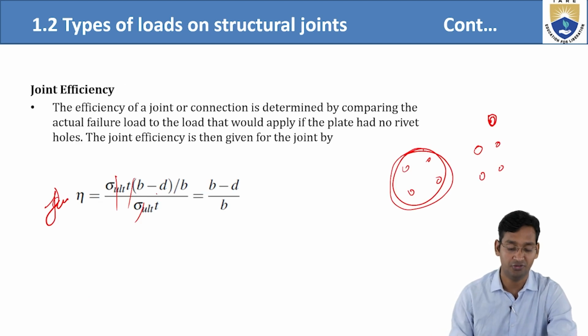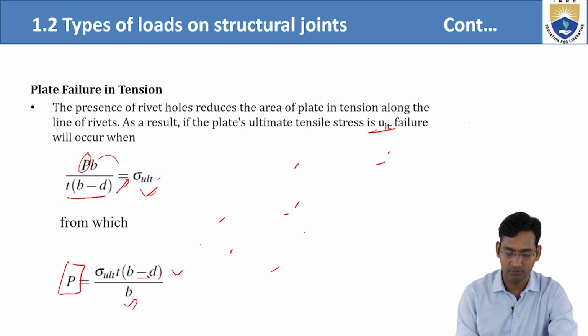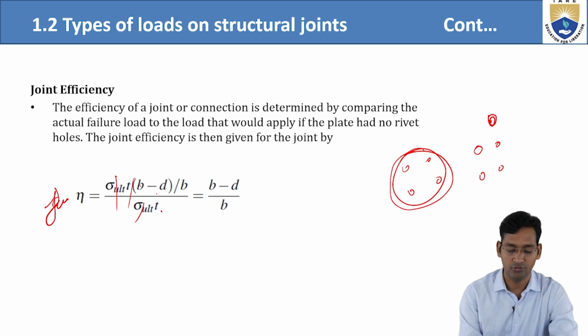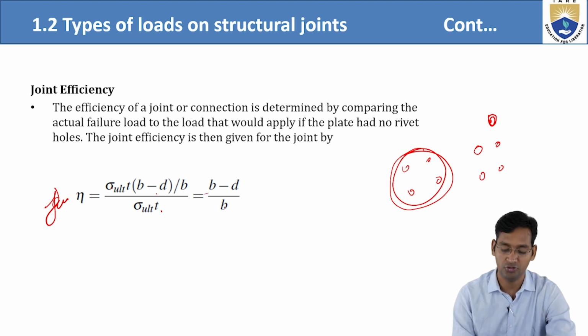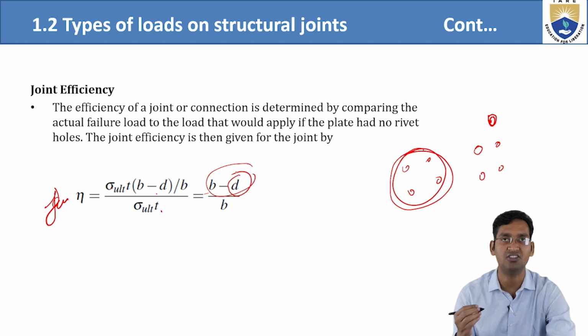Next is joint efficiency. So joint efficiency will be equal to what? Sigma ultimate into T into (B minus D), divided by sigma ultimate into T into B. After cancelling, joint efficiency will be (B minus D) by B. So just see here, if D is more, this value will be less, and hence efficiency will be less.